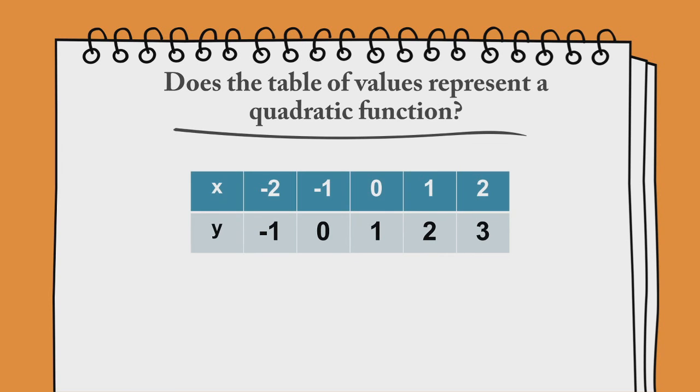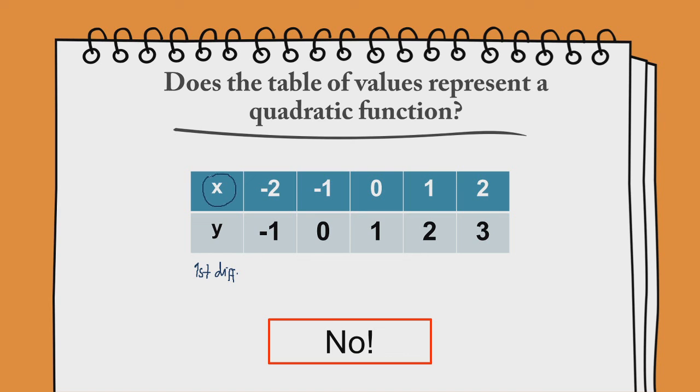How about this table of value? Does it represent a quadratic function? No. So paano natin malalaman? Again, we take first the first difference, given that the values of our independent variable are consecutive, meaning yung difference din nila is magkapareho.